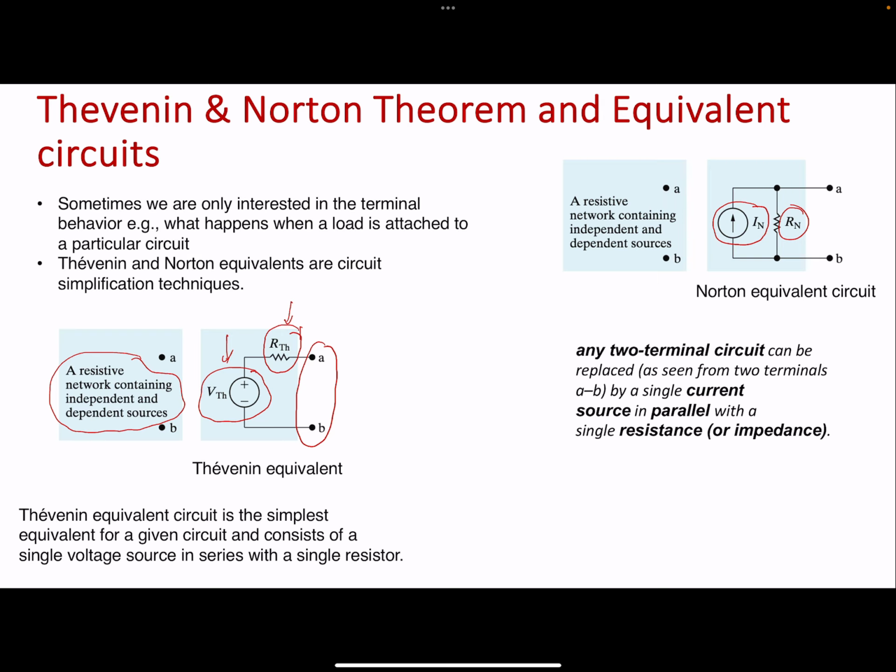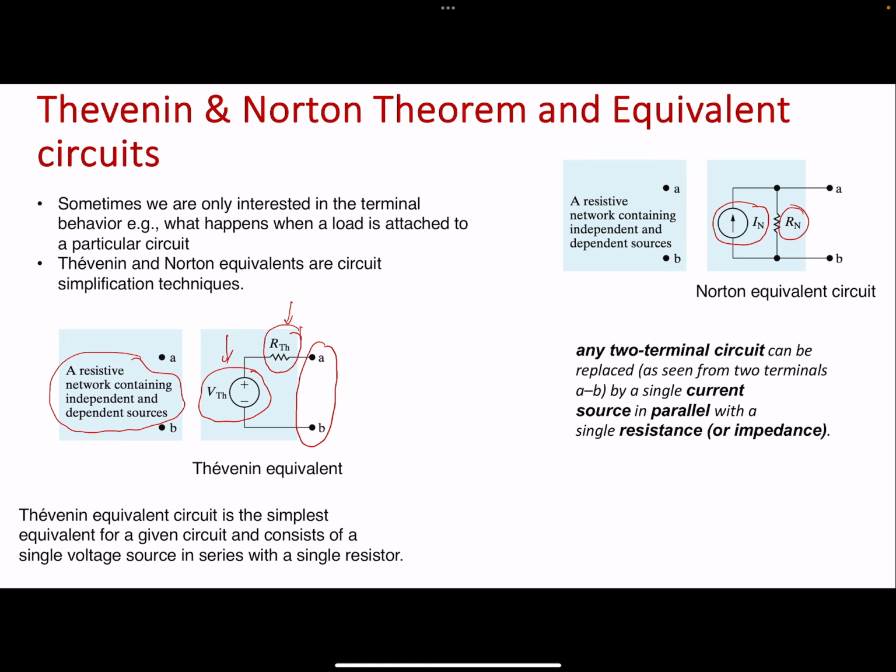And very quickly, how do you find the Thevenin resistance and the Norton resistance for a particular circuit? They should be exactly the same for the same circuit, because both R Thevenin and RN represent the equivalent resistance of the circuit. So how do you find it? If you just have independent sources in your circuit, you short circuit the voltage sources and open circuit the current sources, all of them, and then what you are left with in that big circuit is just the resistors.